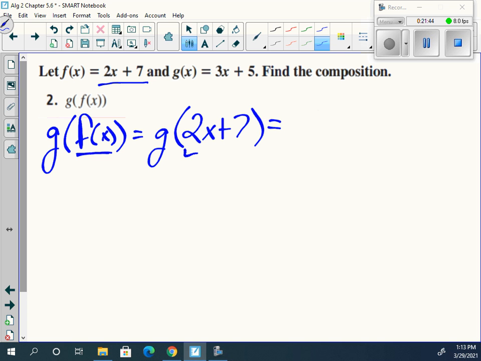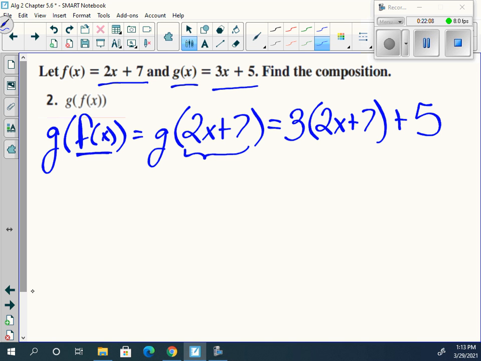But now we're plugging 2x plus 7 into g of x. Because now we're replacing x with 2x plus 7 for g of x. So any place there's an x in g of x, we're replacing it with 2x plus 7. So that would give us 3 times 2x plus 7 plus 5.